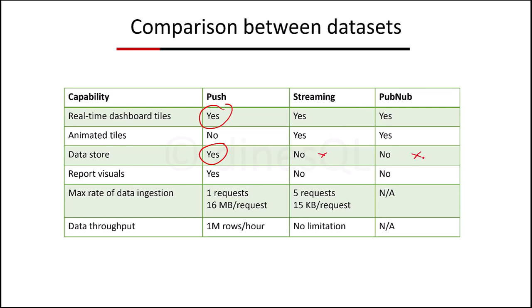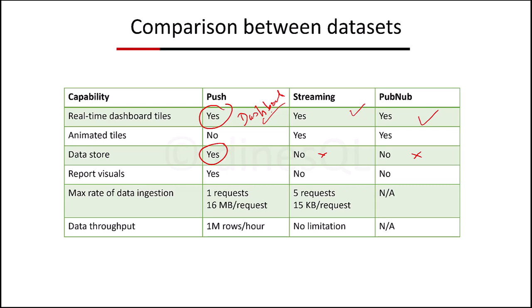So when it comes to real-time dashboards, that's the first one. As you see, you can do it with push dataset, streaming, and PubNub as well. But remember, with push dataset, this is only with dashboard. Streaming, of course, supports only dashboards, and PubNub. See. All right. Okay, so reporting visuals.